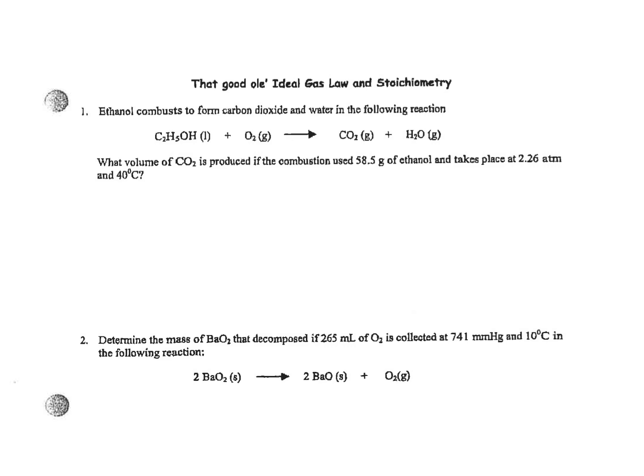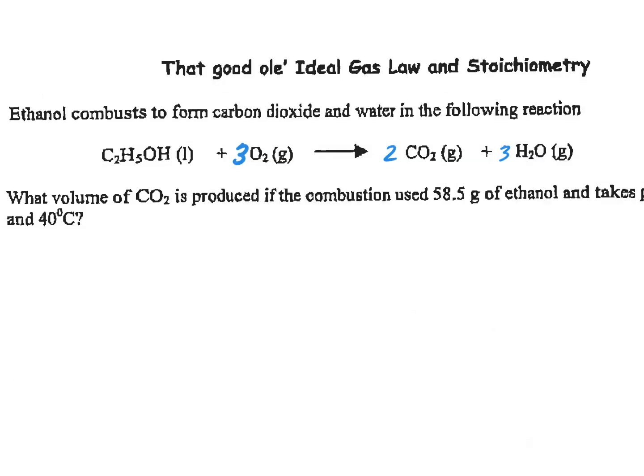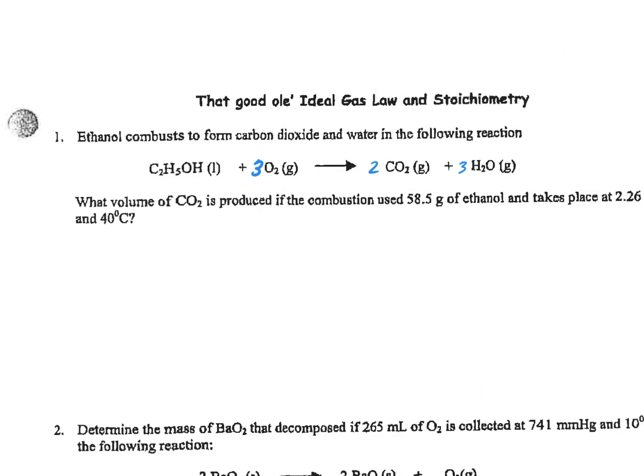So, here we've got ethanol combusts to form carbon dioxide and water in the following reaction. And, oh, interesting. I just realized it's not balanced. So I'm going to balance this equation and then I'll get right back to you. All right. I believe that this is now a balanced equation.